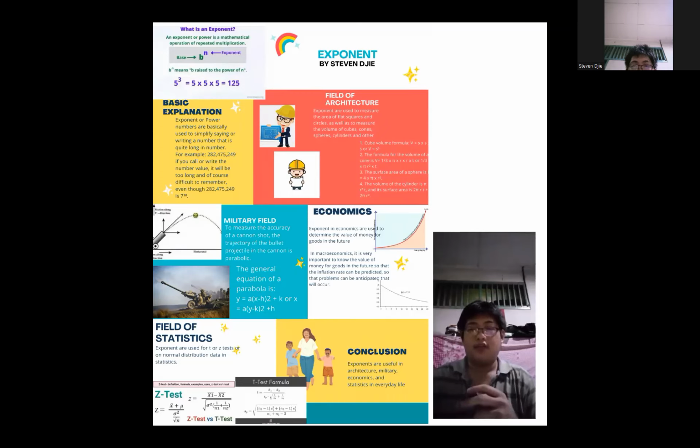In the field of architecture, exponents are used to measure the area of flats, squares, and circles, as well as to measure the volume of cubes, cones, spheres, and cylinders. As you can see, I have written the formulas in the poster I have made.